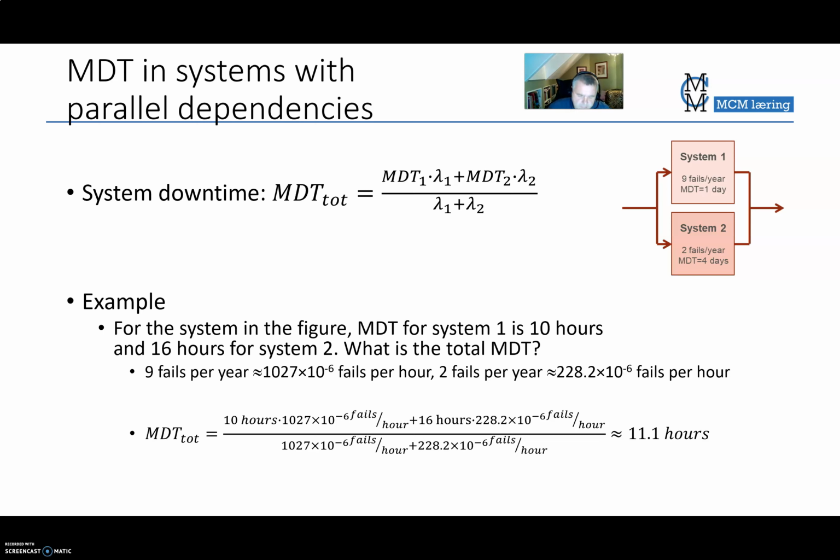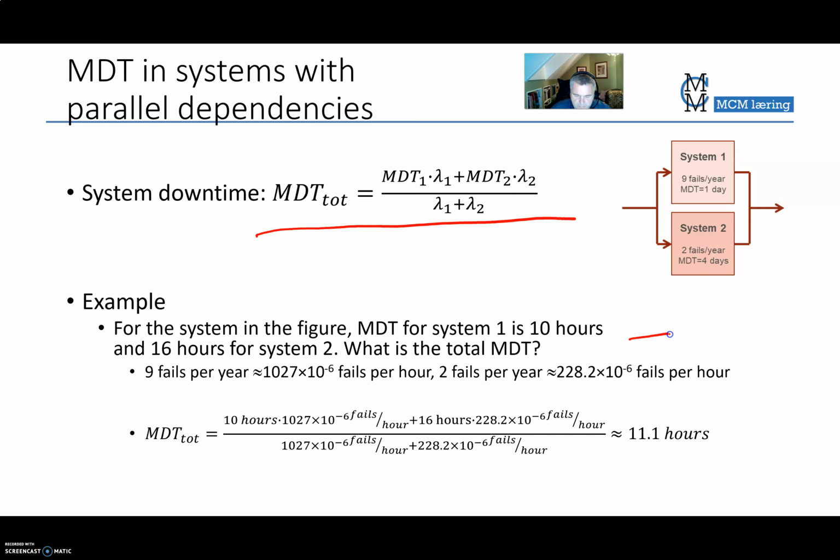And the mean downtime for such systems, that would be the system downtime. That would be the mean downtime of system 1 over the lambda. So that would be the overall downtime of system 1 plus the overall downtime of system 2, divided by the probability that either one of them is down. So it's lambda 1 plus lambda 2. So that would be the mean downtime.